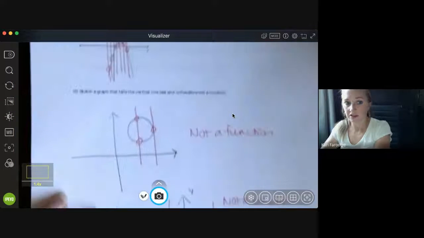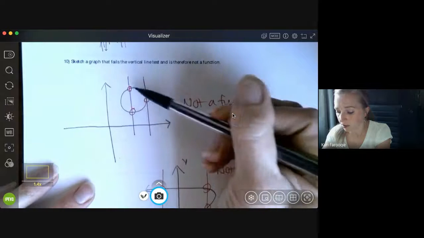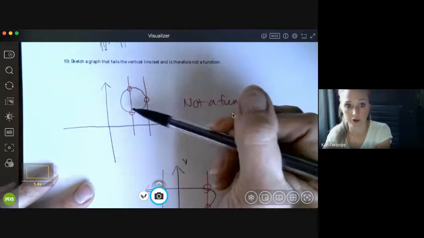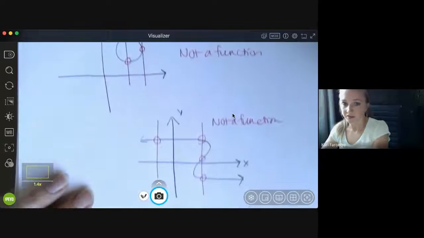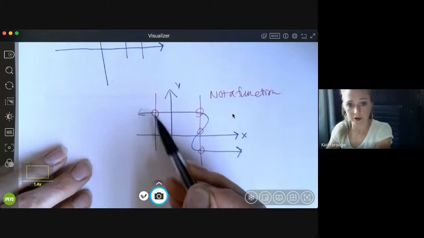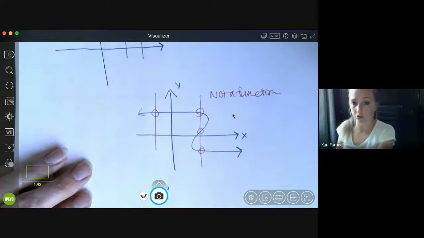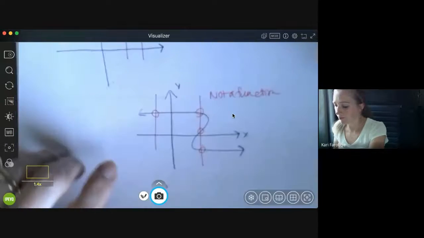That was not the case for something like number 10, where I drew a circle, and it's very easy in that case to find a spot where if you drew a vertical line through, you'd hit the graph more than once. Something like this function, even though you technically don't violate it over here, remember that you're looking for something like this type of behavior to occur. All right, that is what we talked about last time.